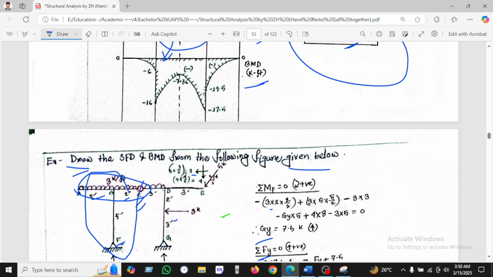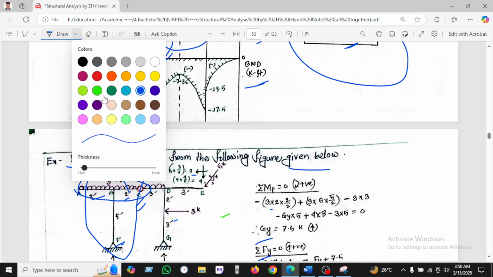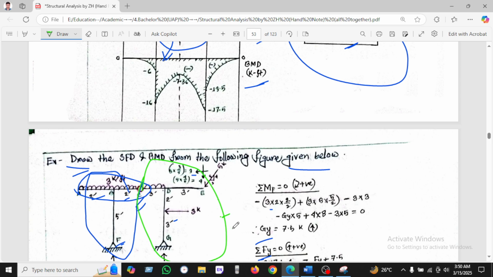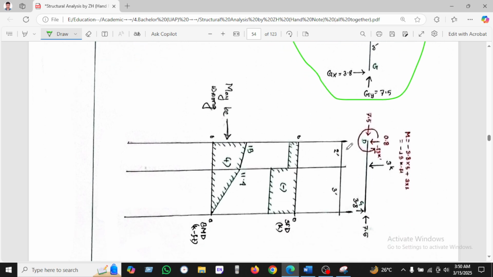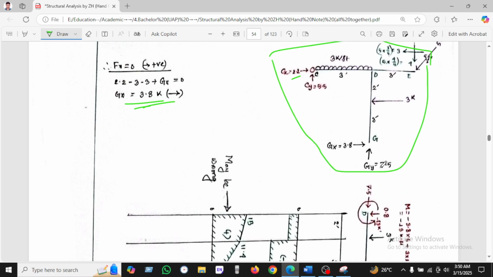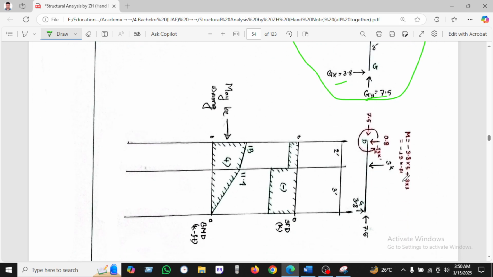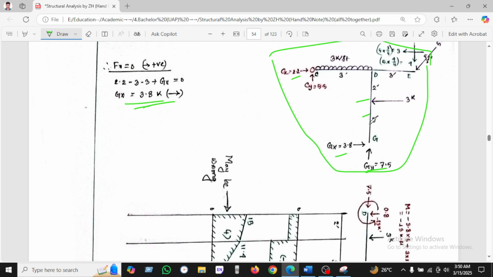So now we'll calculate the other half portion. This half portion, okay. We've been taking the summation of f of x, which is gx. We've been taking 2.2. After finding all the values, we take this portion, which is GD.